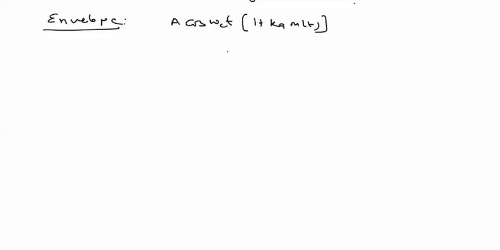Now we will discuss the envelope term in AM. What is the envelope? A cos omega c t plus K m(t). This is the standard expression for AM: cos omega c t times (A plus Ka m(t)).